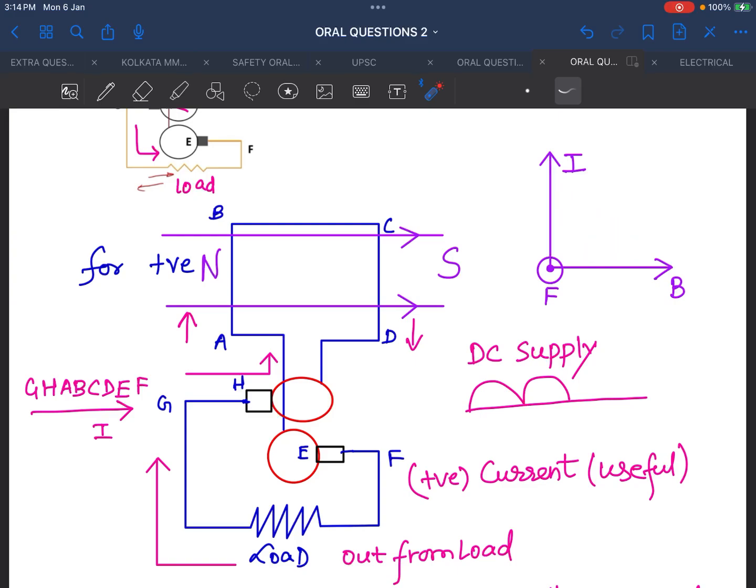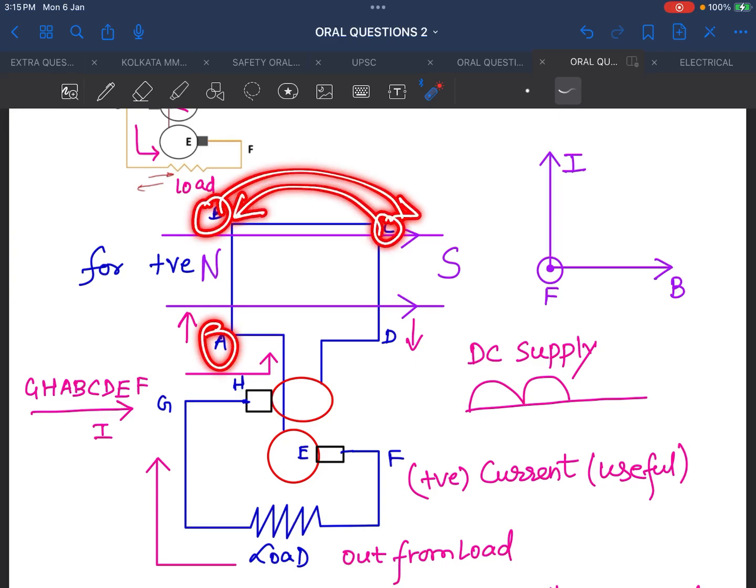For the positive half cycle, the field direction is here and the current direction is here, so there is a 90-degree difference between current and field, and a force acts and turns the coil from here to here. So positions A and B turn after half a cycle to this position, and this position comes here.